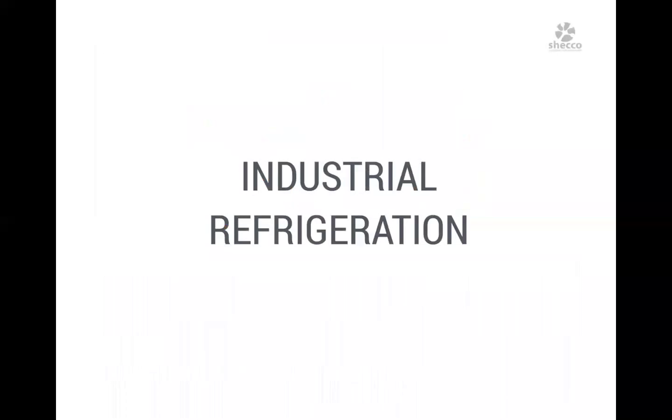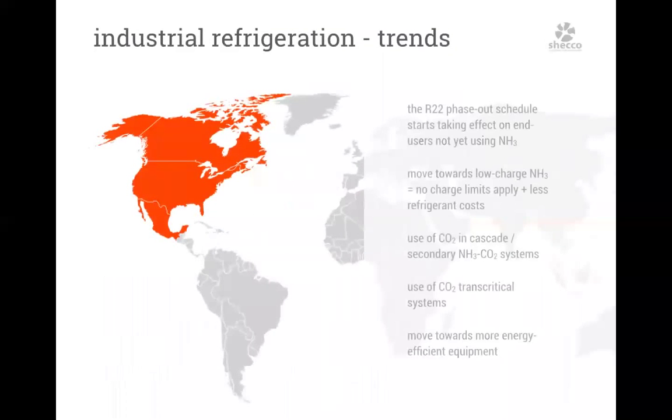Okay, talking about the last application sector here, industrial refrigeration. Some of the trends were mentioned before as well. We are looking at the R22 phase-out schedule taking effect on the end users not yet using ammonia. There is a move towards low-charge ammonia systems, where no charge limits are applied to the users of such systems. There's less of a refrigerant cost and higher safety levels, of course.